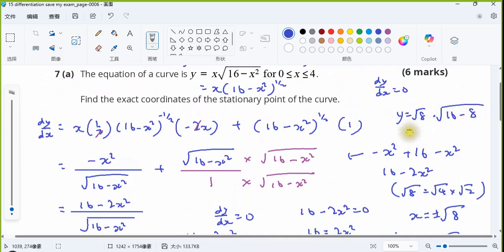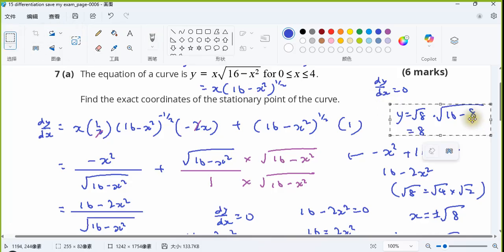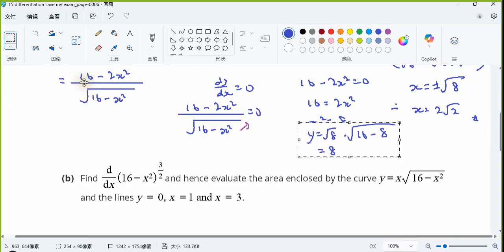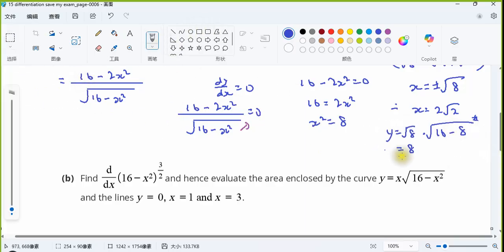So y equals 8. So the coordinate of the stationary point will be (2 square root 2, 8).